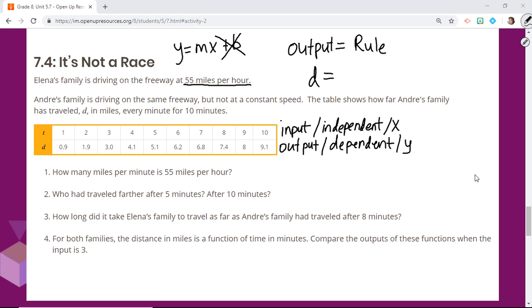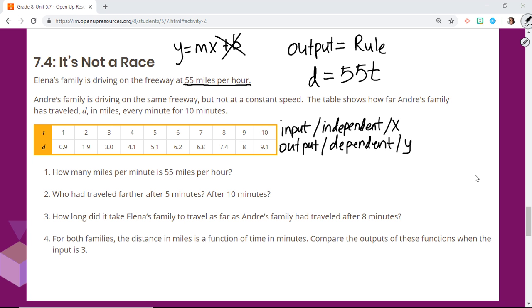All we know about the rule is that we're traveling 55 miles per hour. The rule also needs to contain the independent variable. So it's the same thing: D equals 55t. You can think about it as y equals 55x.